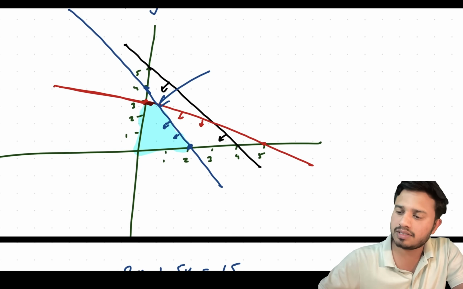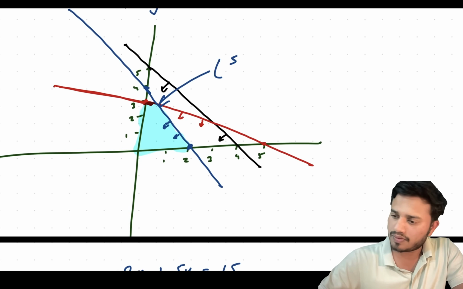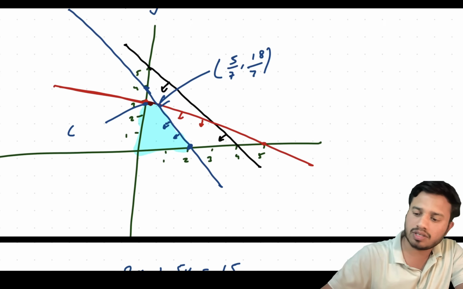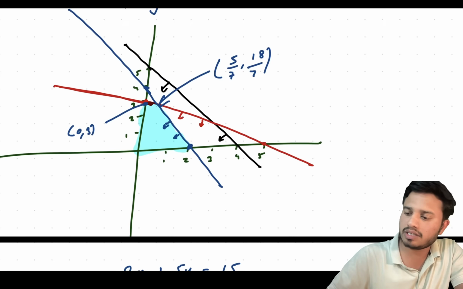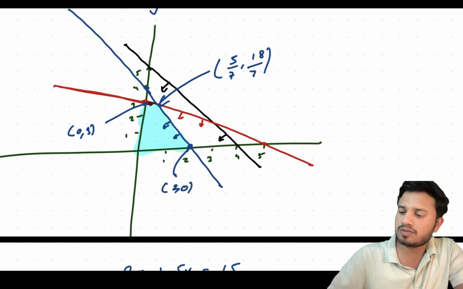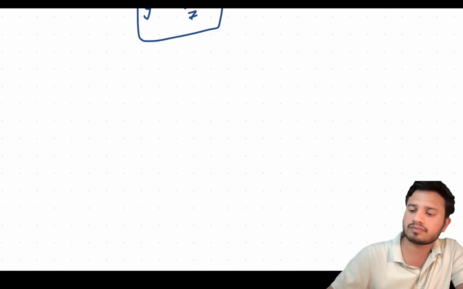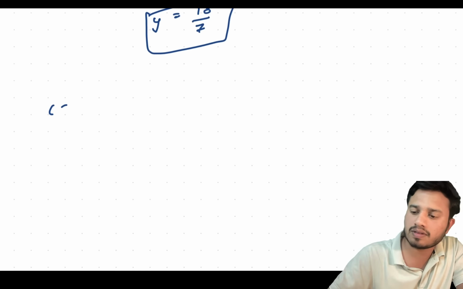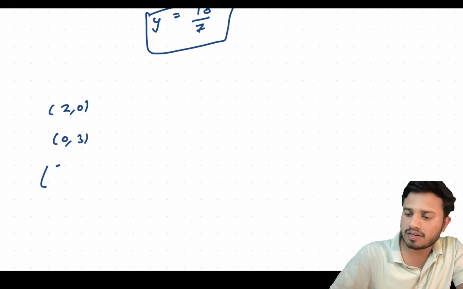This point is 5 by 7. All the boundary points you have are this and this. Now we have 3 points, comma 0, 5 by 7.